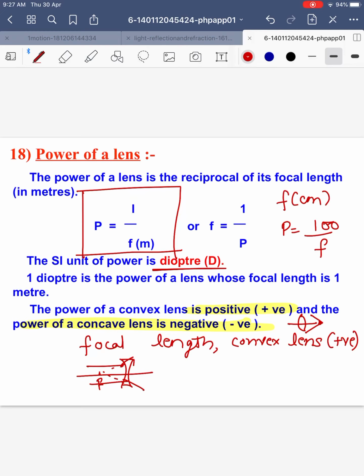So the focal length for a convex lens is positive and for concave it is negative. Since power is the reciprocal of focal length, that is why power for a convex lens is positive and for a concave lens is negative. That is all for today.